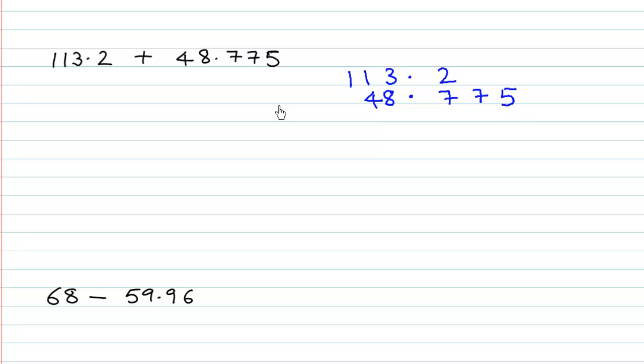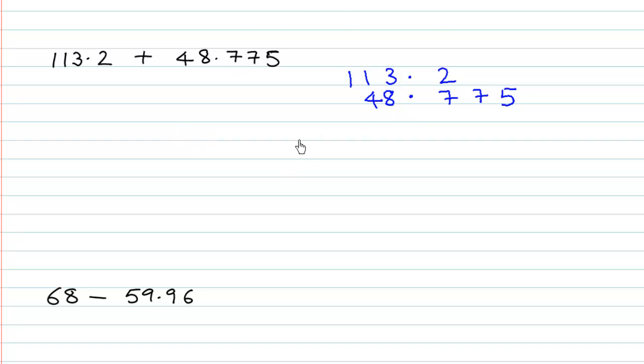Don't make the mistake of writing 113.2 plus 48.775 so that they write 5 below the 2, and then 7, and then 7, and then they put this decimal point, and then they put the 8. This is a common mistake that most of the students do. So this is entirely wrong. Remember, the decimal point should come one below the other.